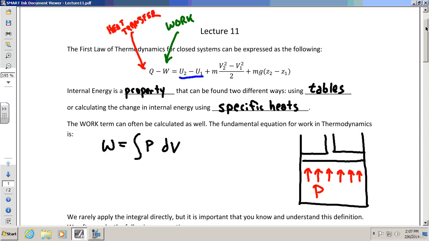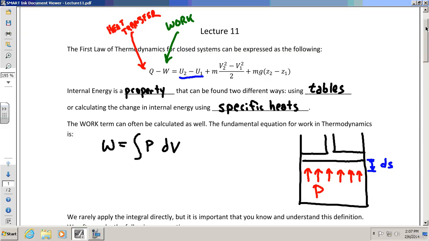In fact, the pressure P pushed up on the piston such that it went up a small amount ds, an incremental amount. That's what I want us to think about.